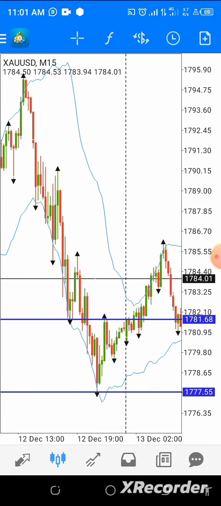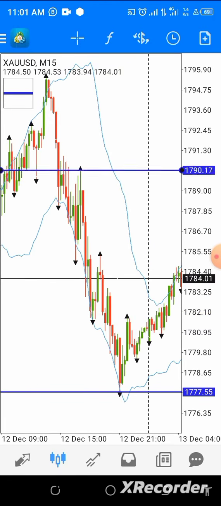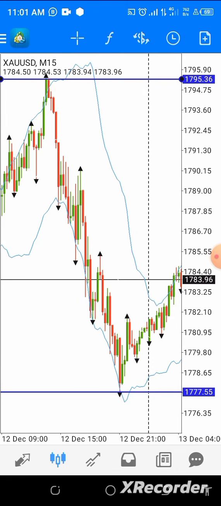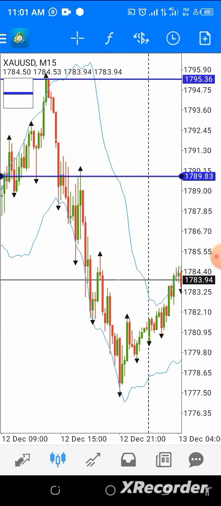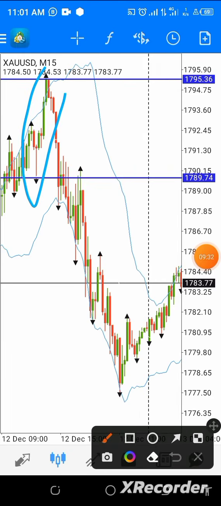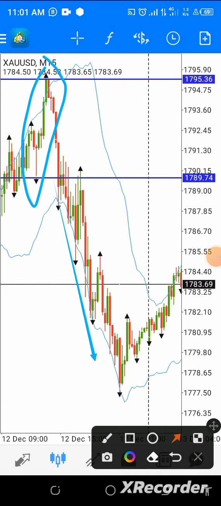Now let me show you another breakout. You put your trend line at the sell fractal, and then you put your trend line again at the buy fractal. I'm talking about these recent two fractals before this move happened.